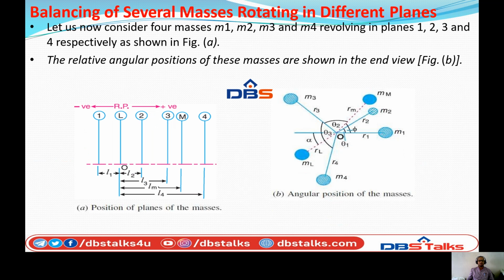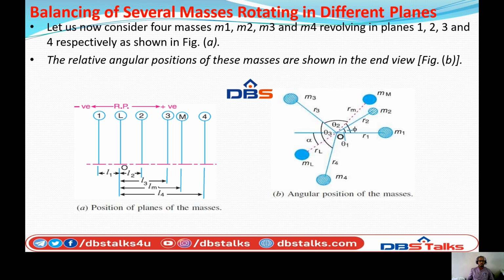Then let us consider the forces of mass, that is four masses m1, m2, m3, m4, which are revolving in the planes 1, 2, 3, 4 respectively. If you see in the diagram, the masses are revolving with respect to the positions L1, L2, L3, L4, L5, and the angular positions of these masses are shown in the figure as theta 1, theta 2, theta 3, theta 4.